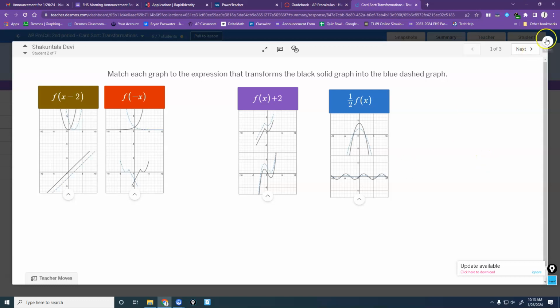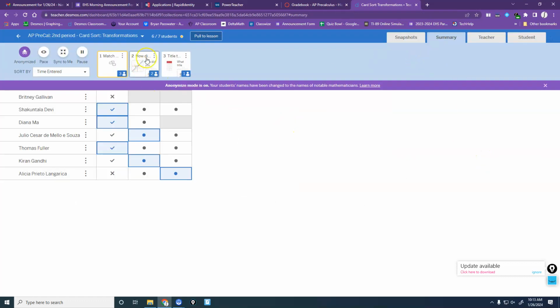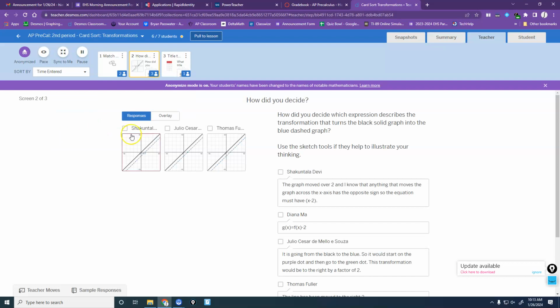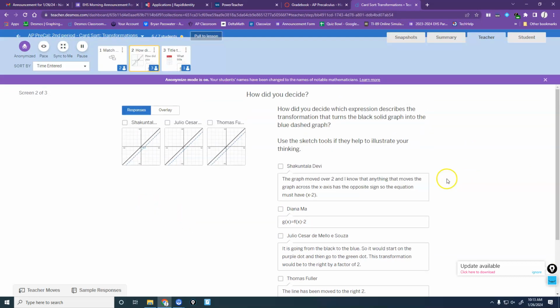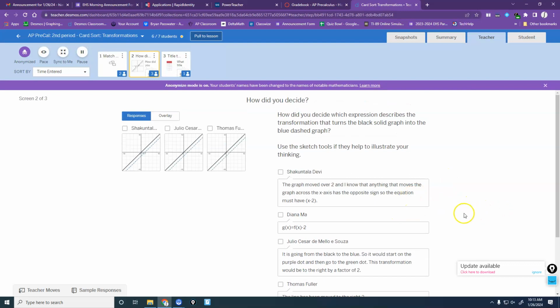All right, let's see what we got on the next slide. I'm interested to see how you guys describe this here. We've got the graph moved over 2, and I know that anything that moves the graph across the x-axis has the opposite sign.